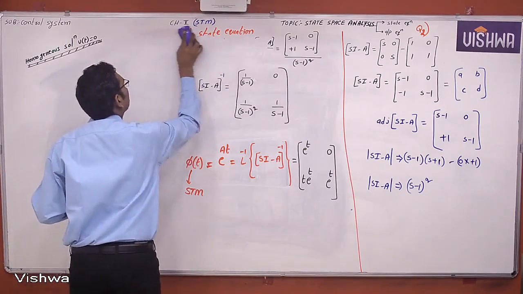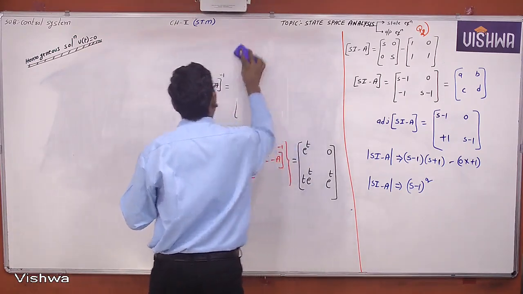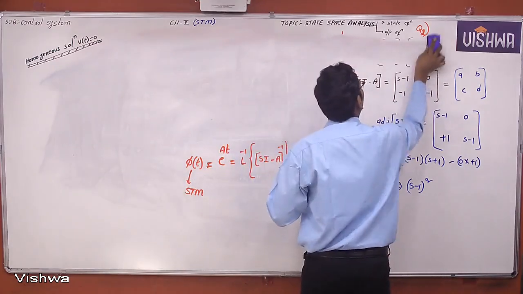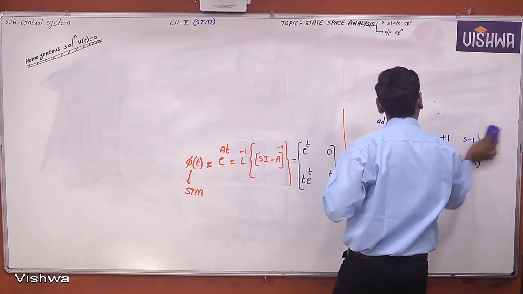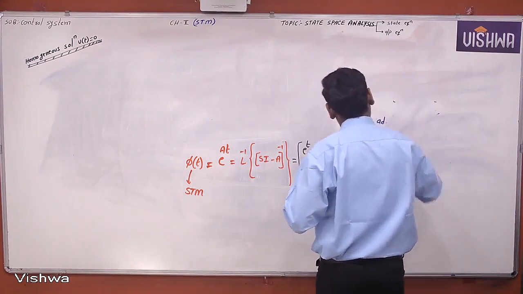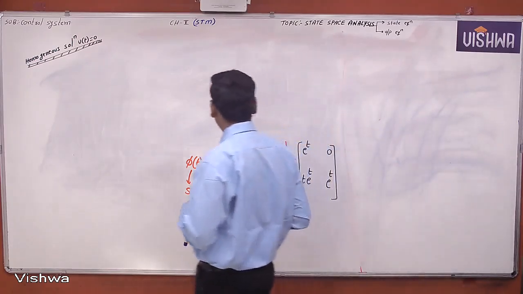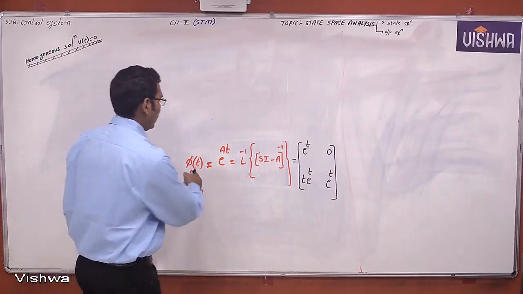Now this is the state transition matrix, which is the solution of the state equation under homogeneous condition. Now you just see here. This is phi of t.